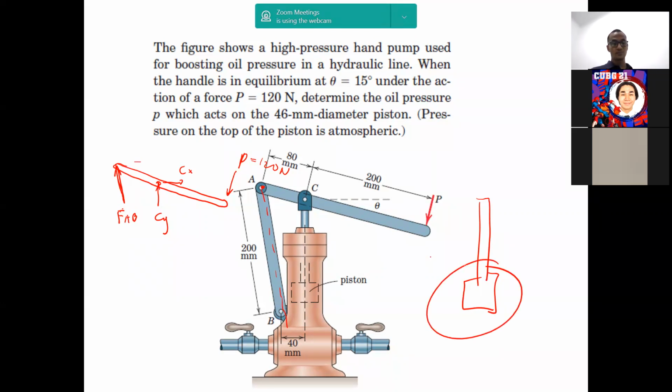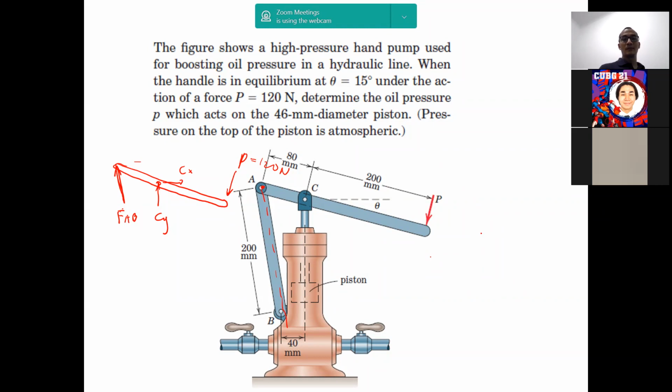So it's not a two-force member. Because of that, instead of drawing the C to piston force as just a straight line like that, we have to put CX and CY.